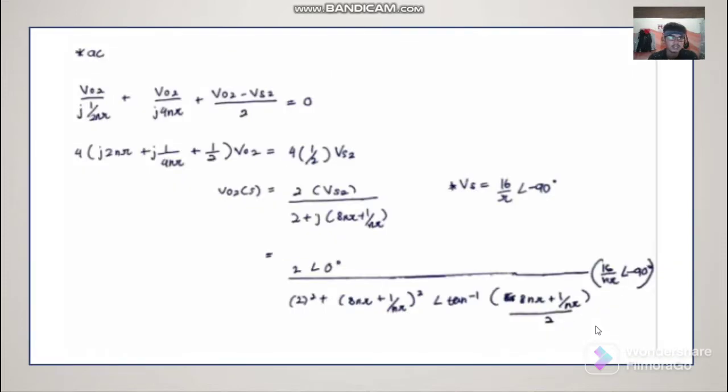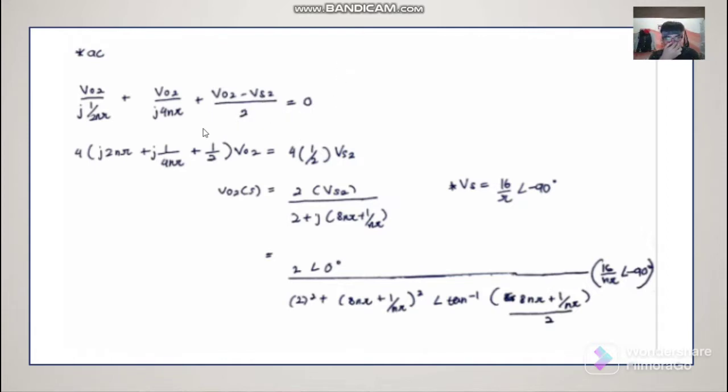Next, we find the AC analysis. VO2 over j1 over 2n pi, plus VO2 over j4n pi, plus VO2 minus VS2 over 2, equal to 0.